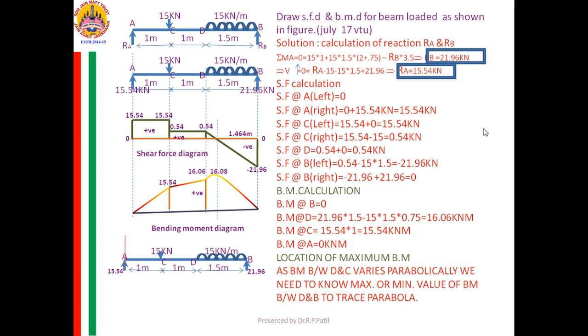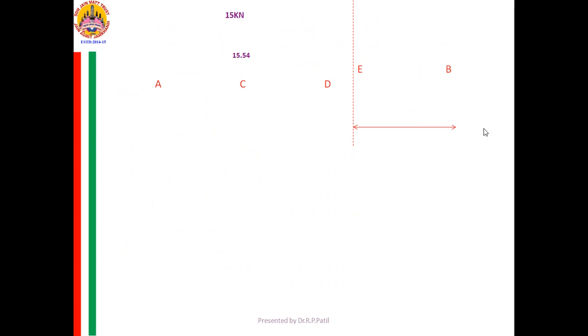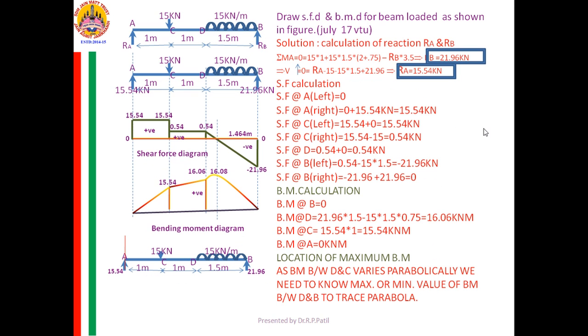Now I need to complete the bending moment diagram. Yes, to complete the bending moment diagram, first bending moment at C. Bending moment at A is 0, bending moment at C is 15.54, bending moment at D is 16.06.